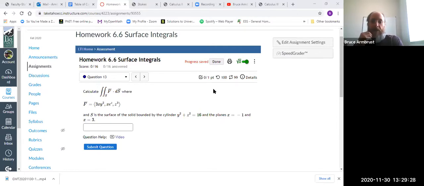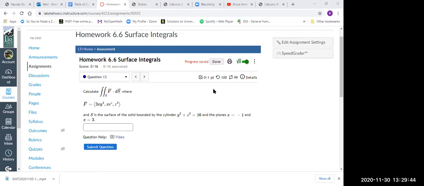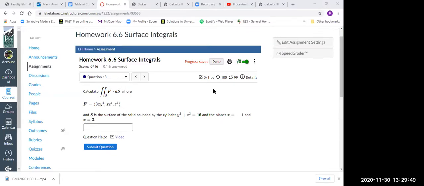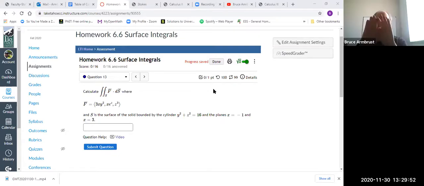What kind of sucks about this one is we have 3 surfaces. Do you see that? It does say just S is the surface of the solid. Yeah, it's the 2 planes and then the cylinder. Think about your can of green beans or something: you've got the outside, the top, and the bottom. For those, we have to do each one individually, so this is really a 3-integral surface integral.